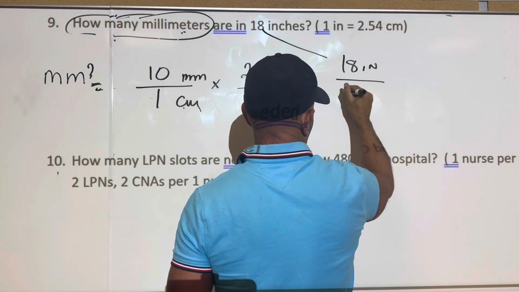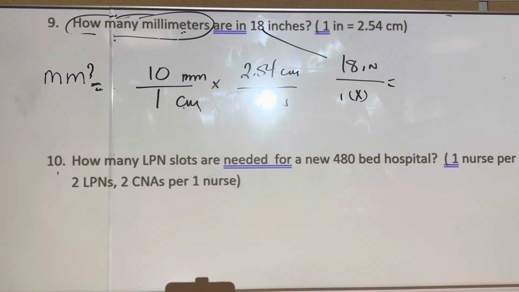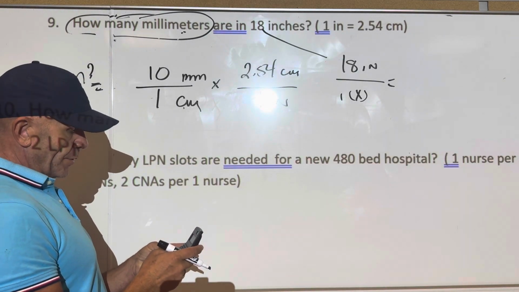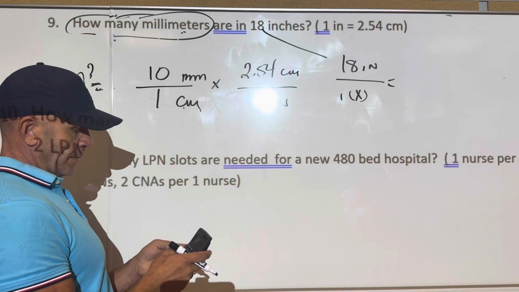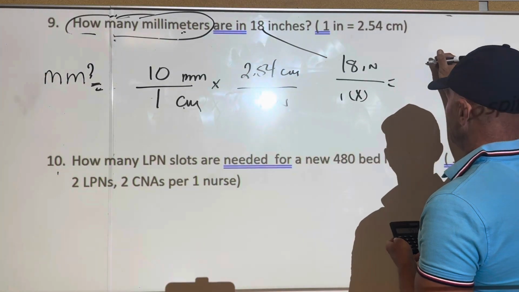That's our X. Okay? As we've done before, 10 times 2.54 times 18 equals 457.